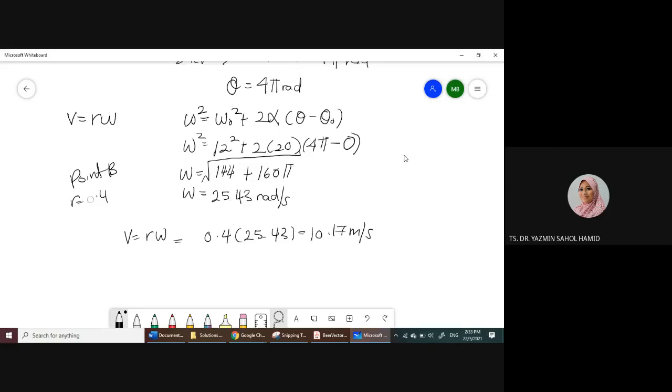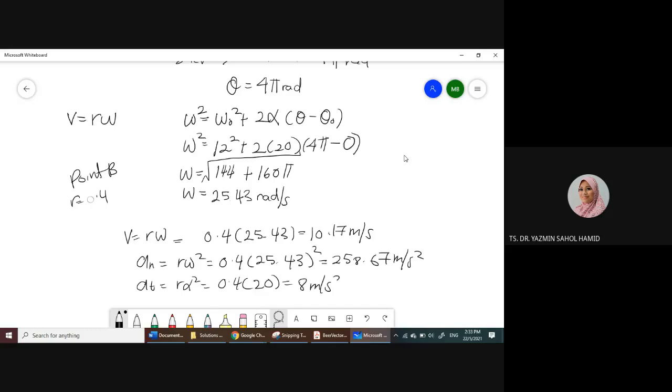I cannot help you during your test if you make a mistake in putting the value in the calculator. So this one you get 258.67 meter per second squared. And then you have AT equals R alpha, 0.4 times 20 equals 8 meter per second squared.